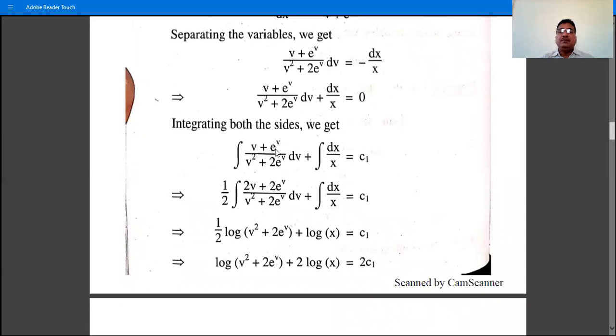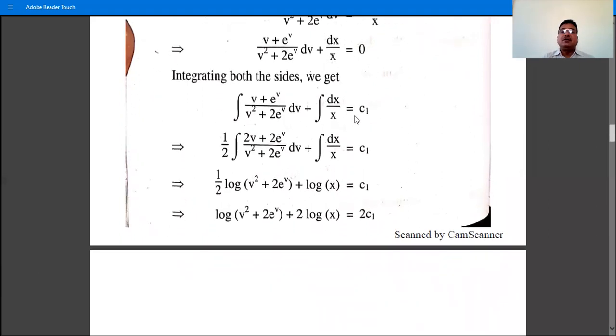So integration of v plus e raised to v divided by v square plus 2 e raised to v dv is equal to integration of dx by x is equal to constant of integration, suppose c1. Then one half adjust: the derivative of v square plus 2 e raised to v is what? 2v plus 2 e raised to v, because the derivative of e raised to v is e raised to v. So I just multiply and divide by 2.